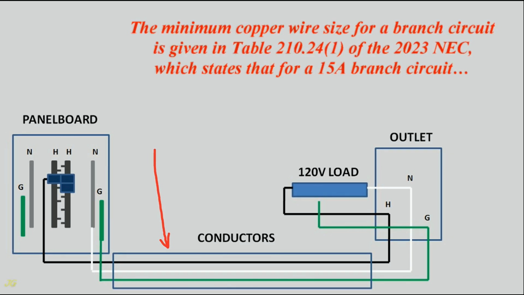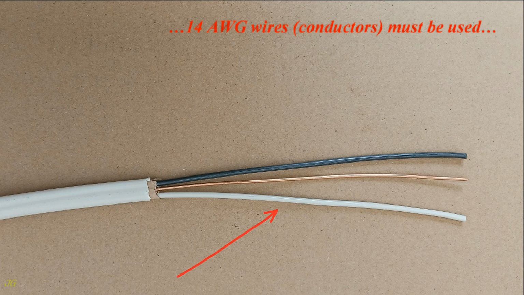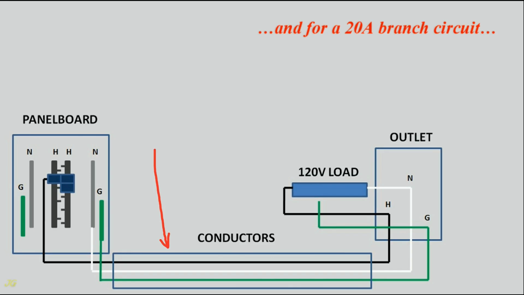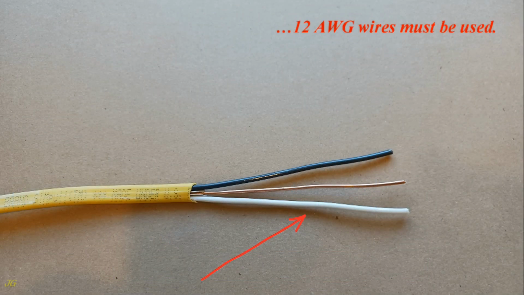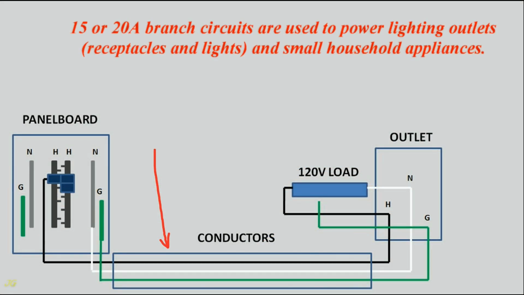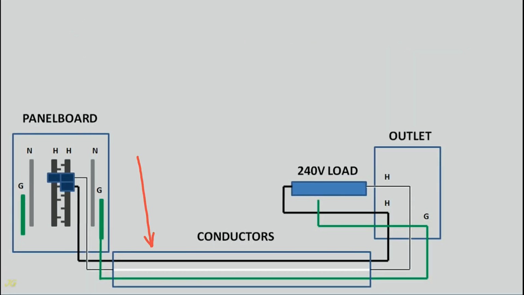The minimum copper wire size for a branch circuit is given in Table 210.24.1 of the 2023 NEC, which states that for a 15 amps branch circuit, 14 gauge conductors must be used, and for a 20 amps branch circuit, 12 gauge wires must be used. 15 or 20 amps branch circuits are used to power lighting outlets, receptacles and lights, and small household appliances.